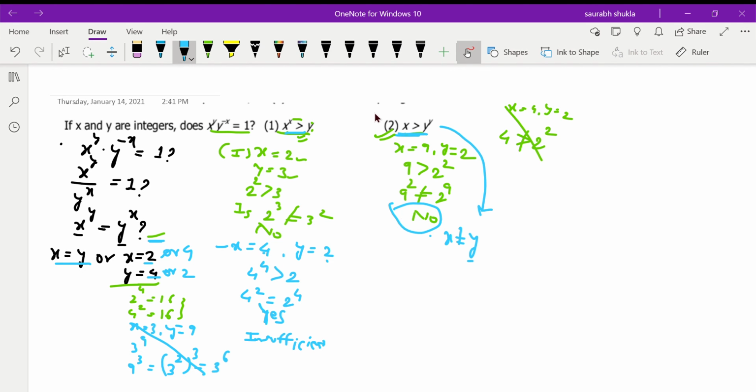All right. So since just using this statement I can definitely say that no, they are not equal, and statement 1 is not sufficient but statement 2 is sufficient, I can say that the answer is B in this case.